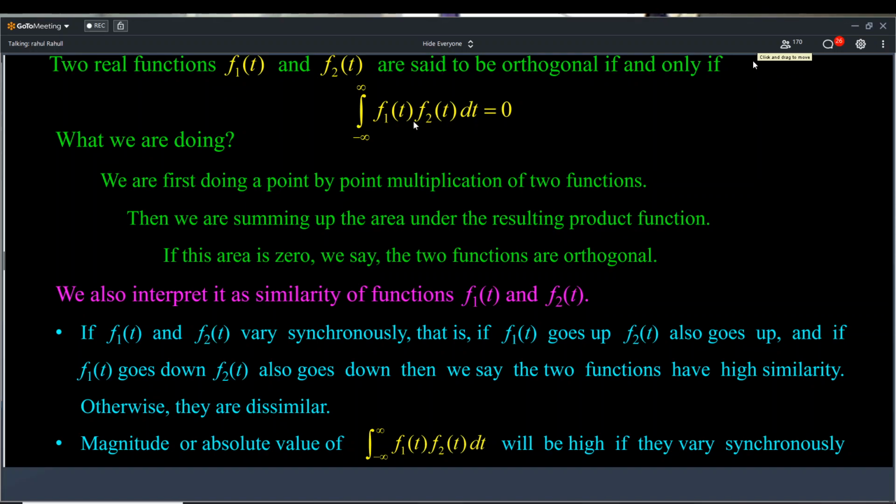And when this integration is 0, we are declaring them as orthogonal functions. Okay, means if they are varying in perfect asynchronous manner, then you say that these two functions are orthogonal, and if they are having a unity norm, that is f1 and f2 are both having unity norm, then you say that these two functions are orthonormal.